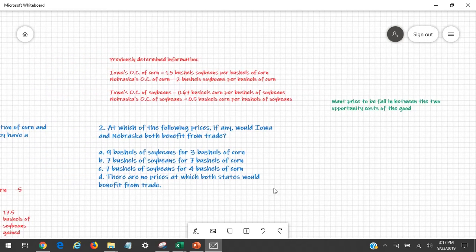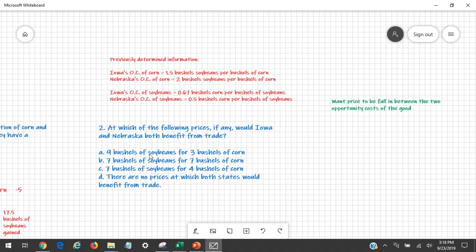the first step I would recommend in a question like this is to look at your answer choices and see which units they're giving you first. So, for example, answer A says, one possible price could be 9 bushels of soybeans for 3 bushels of corn. What that tells me is which opportunity cost I want to look at, because this is the same thing as saying 9 bushels of soybeans over 3 bushels of corn.